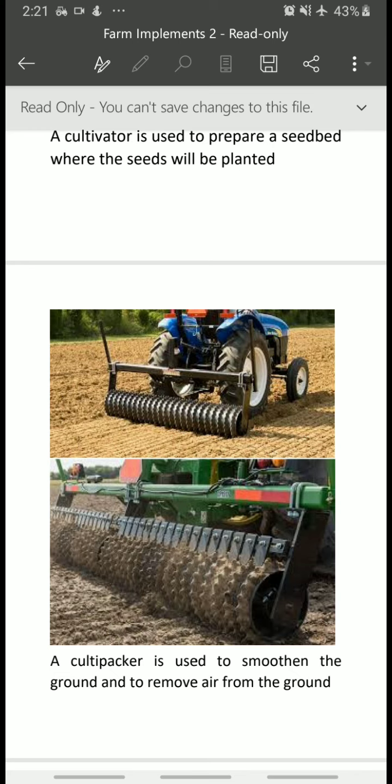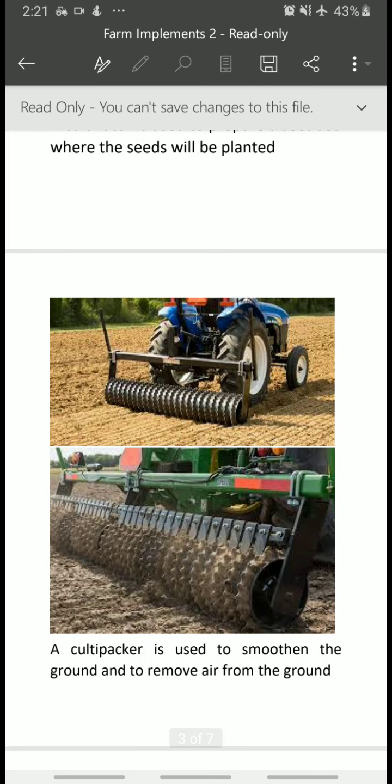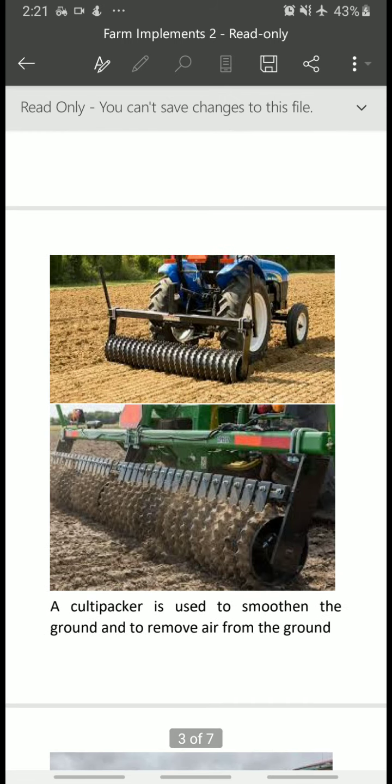For a very big farm, we use a cultipacker. It will break all those hard parts of the ground, loosen it, and then it will press the soil down, and all the air inside the soil will come out.